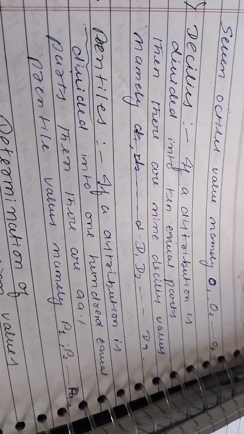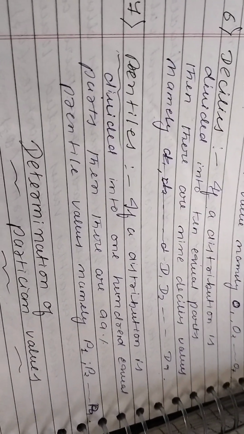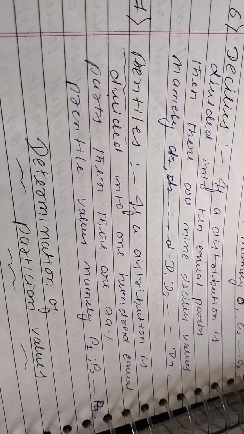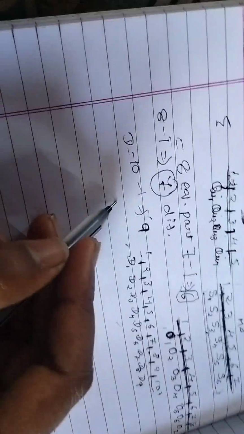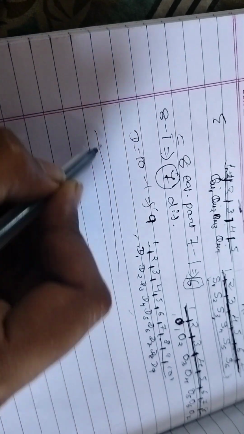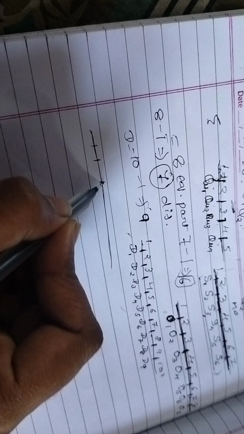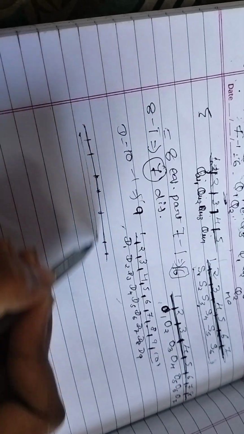If the distribution is divided into 100 equal parts, then there are 99 percentile values, namely P1, P2 to P99.